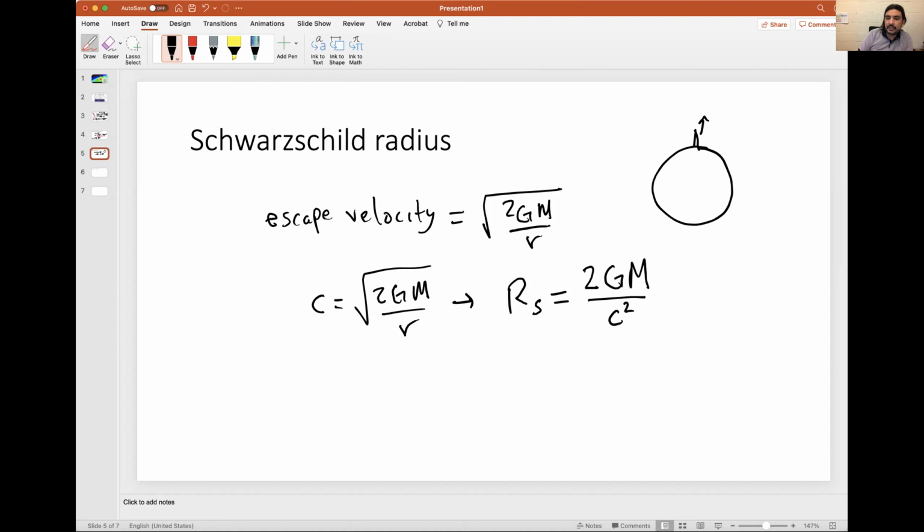For a very dense object, it can be that the event horizon is this distance, the Schwarzschild radius, and it tells you the size of the sphere or radius. This radius tells you the size of the sphere that surrounds the black hole. We actually don't know how big the black hole is, but we can estimate based on the mass that there's a distance at which nothing can escape it.